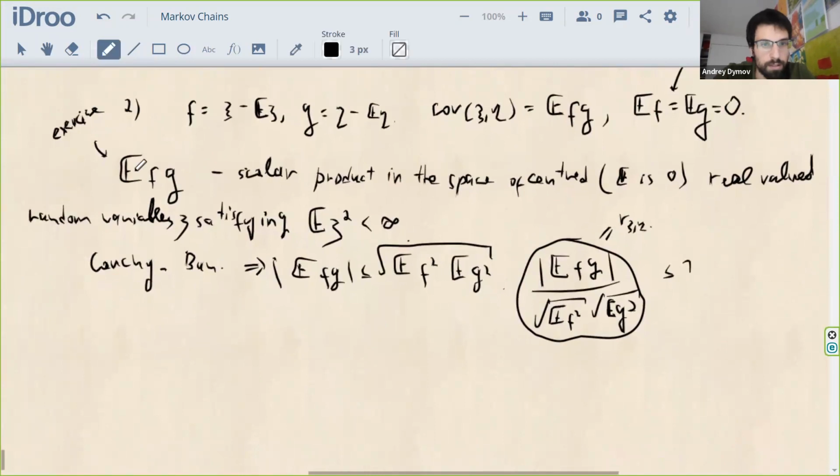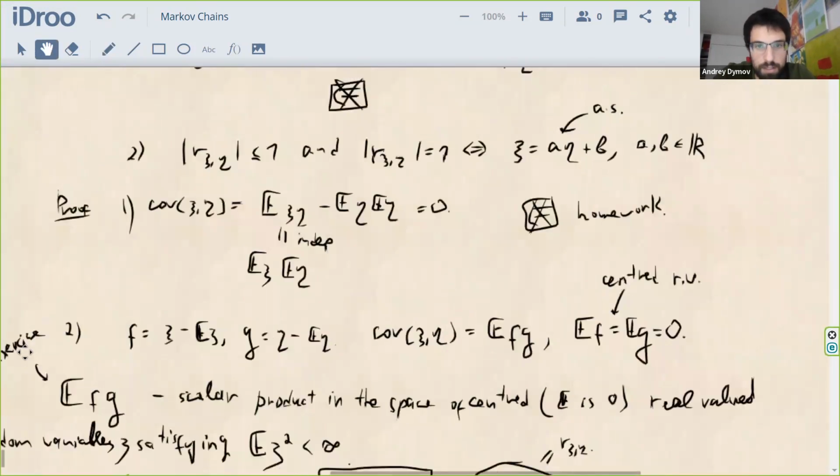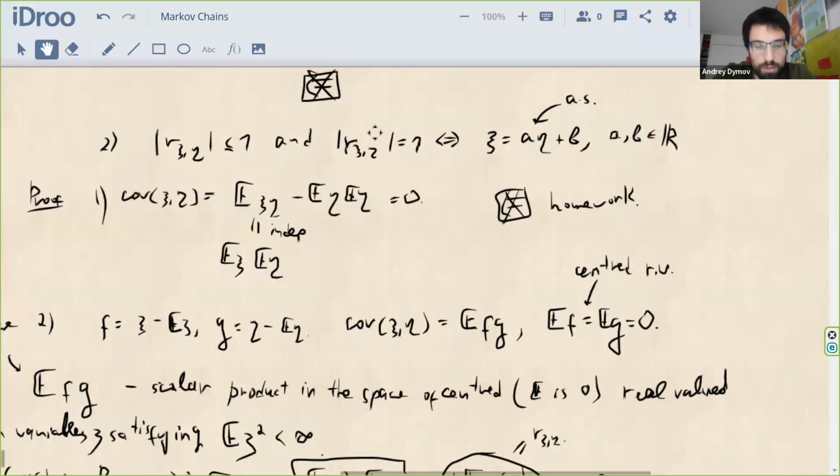And then it remains to establish that this correlation coefficient takes its maximal value when the random variables are linearly dependent.